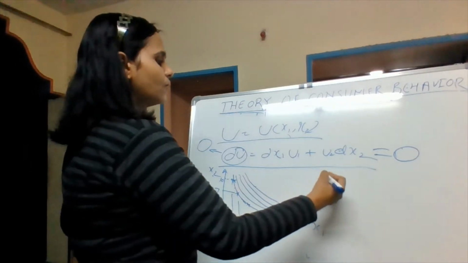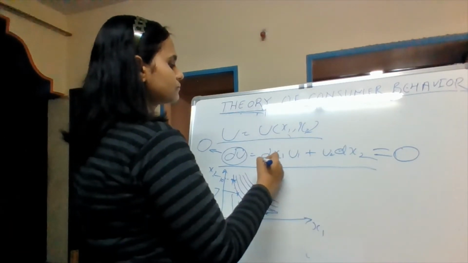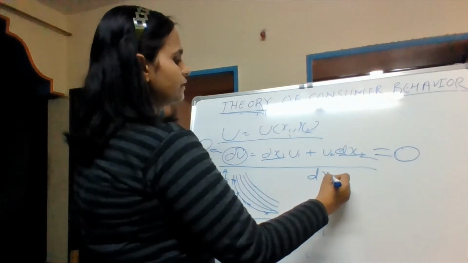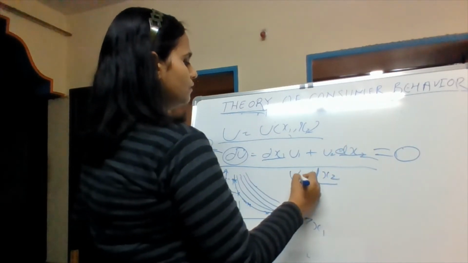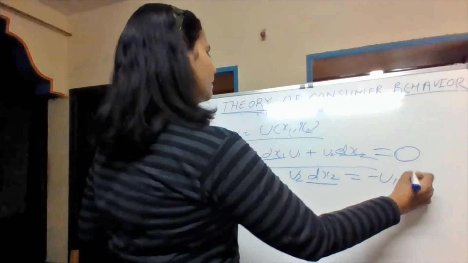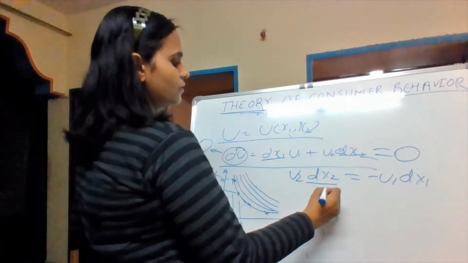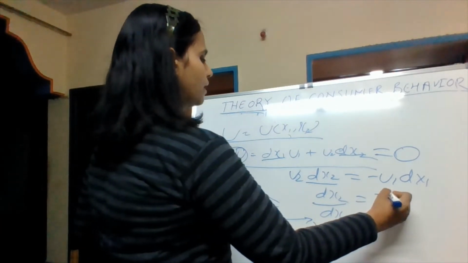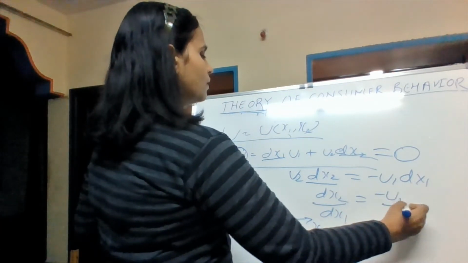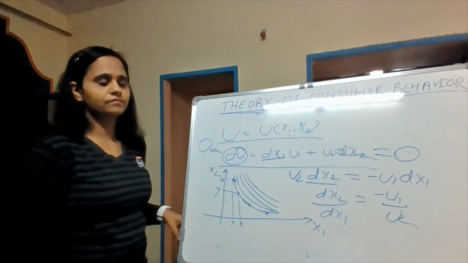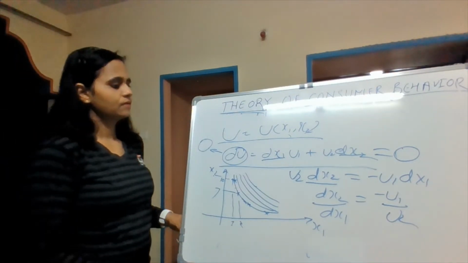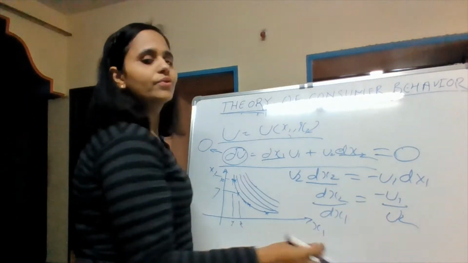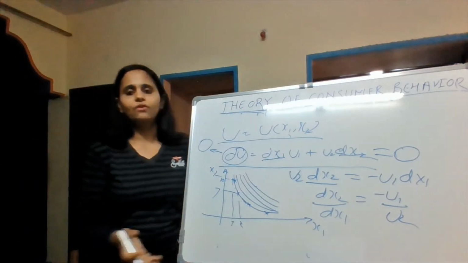So now, with dx1 and dx2, we get u2 dx2 minus u1 dx1, so dx2 divided by dx1 equals minus u1 by u2. Now utility is a concept which cannot go negative.